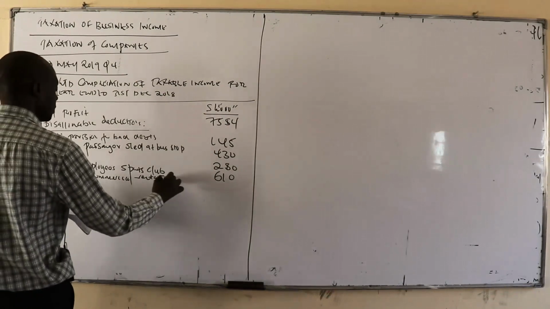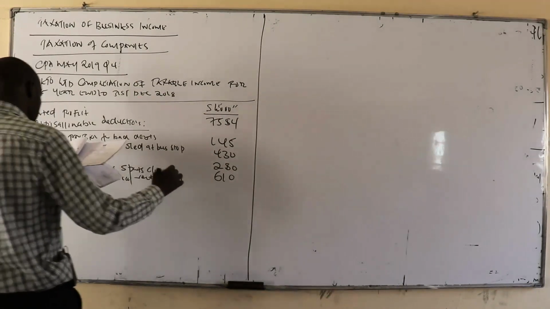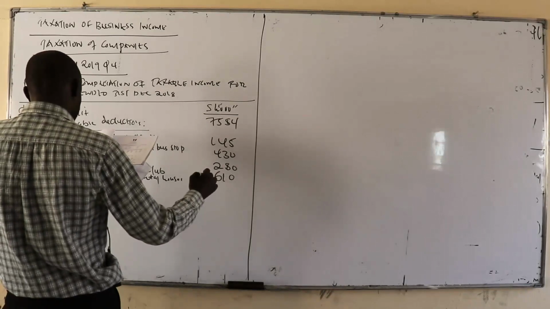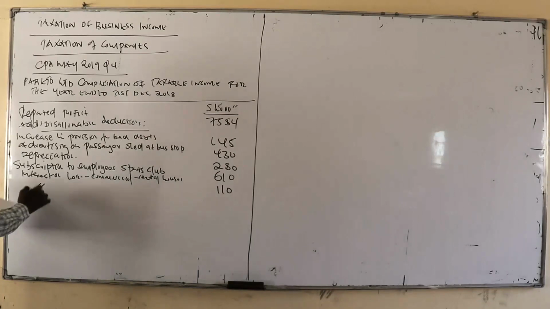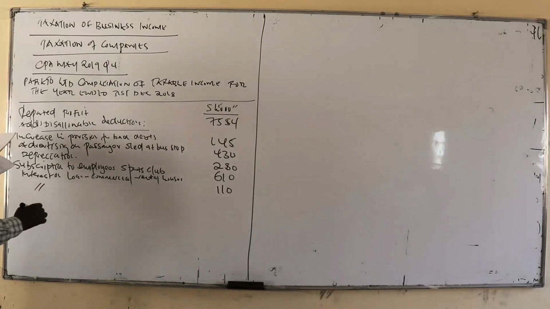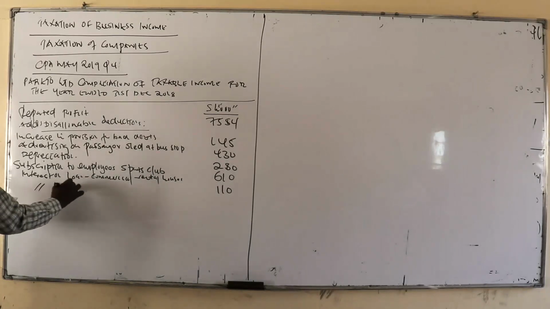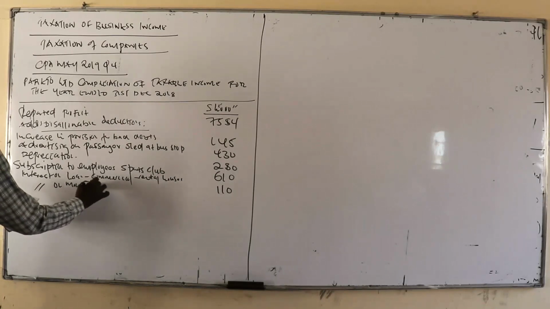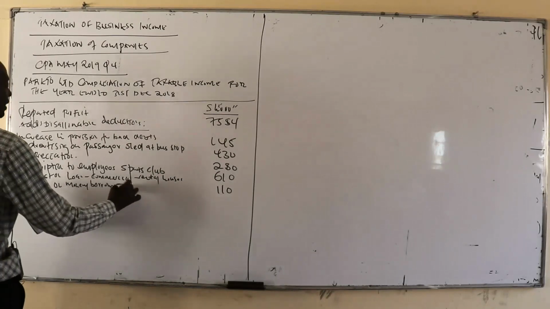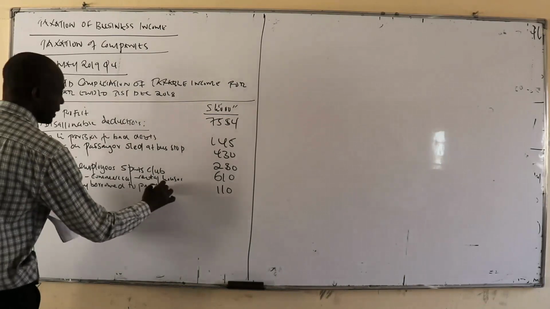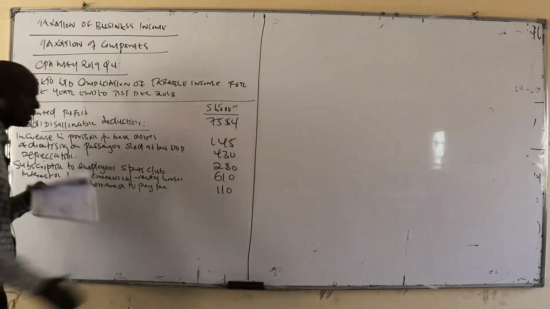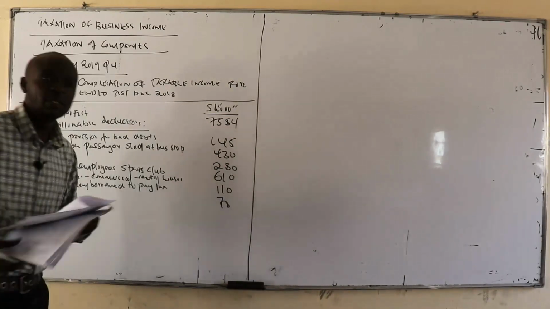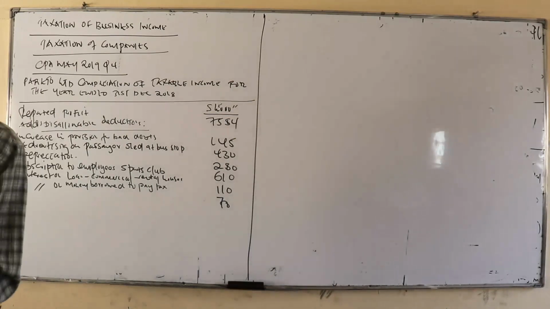How much is it? 110. Then interest on money borrowed to pay tax. You don't borrow to pay tax. Tax is paid on the profit you gain. That is 70, so you add 70. Tumeelewana?